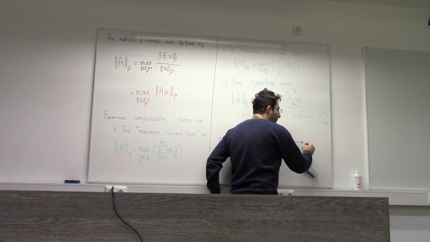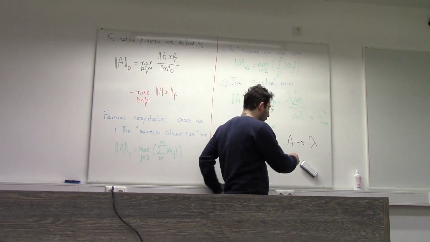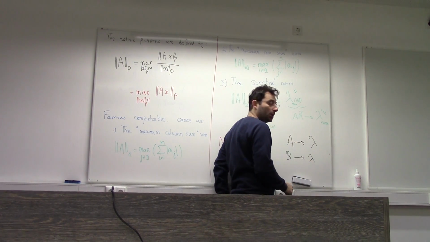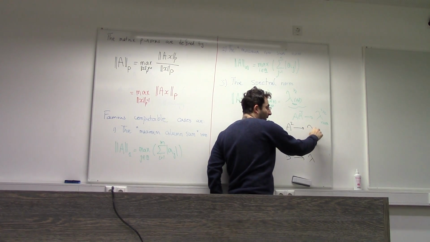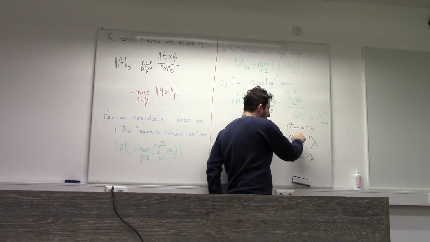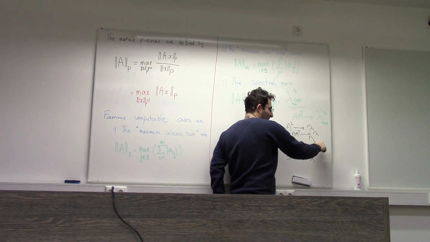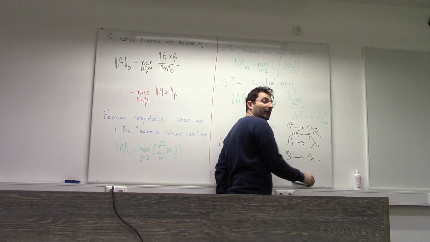For A, you can calculate eigenvalues. For B, another matrix, we can calculate eigenvalues. For A squared, you can find other eigenvalues. For A transpose, you can find other eigenvalues. Let's say lambda 1, lambda 2, lambda 3, lambda 4, they're different.